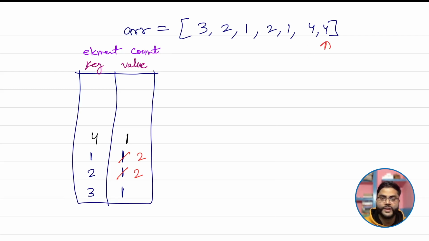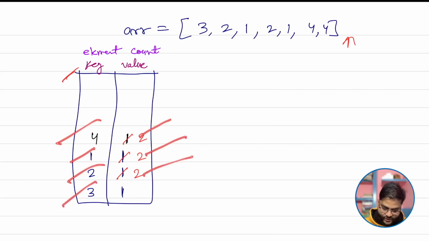Now 4 is there, so update its count. Again move forward. Now we have exhausted the array. So my map contains all the elements with its count. If you see, 4 contains 2, 1 is occurring twice, 2 is occurring twice, 3 is occurring once.